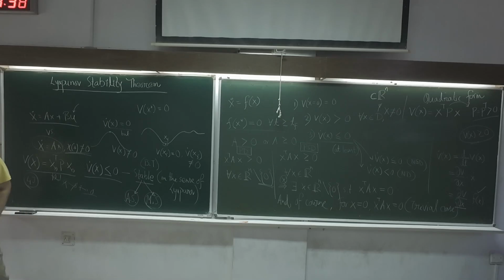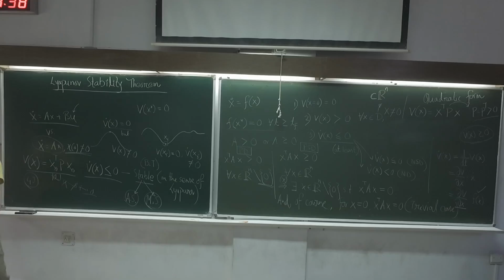In many cases, you will find that we are not able to find a V function whose rate of change is negative definite, but that is our problem. Suppose for a nonlinear system, we have all been trying to find a V function whose V dot will be negative definite, but none of us is able to find one, but maybe another smarter person can find such a V. That is one of the problems with Lyapunov, because this V function is not at all unique.